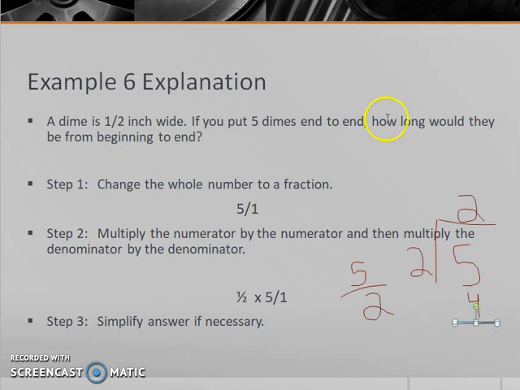So we're going to write our remainder and our divisor as part of the fraction, and then our quotient is going to be our whole number. So in this case, we're going to have 2, and we're going to go to the 1, and then we're going to go to the 2, counterclockwise. So my mixed number is going to be 2 and 1/2. And that answer is simplified, and we're ready to move on to the next task.